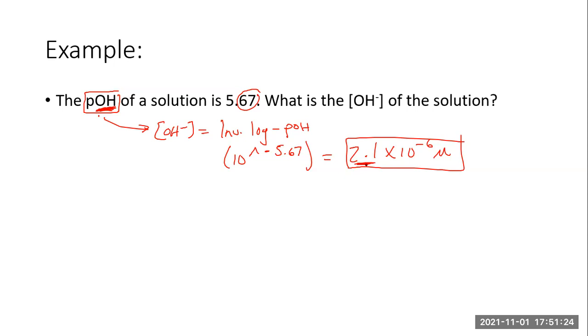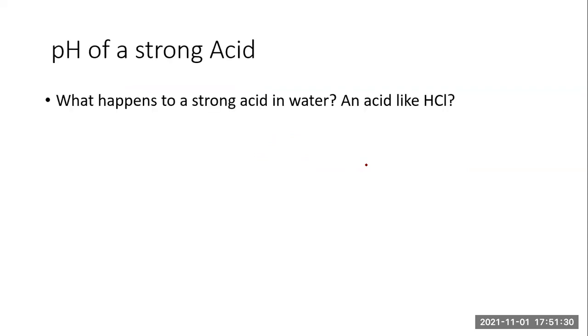Okay, then now, not all the time will you necessarily be given the generic H plus or OH minus. A lot of times you will, but you could be given a pH, or a question that asks, what is the pH of a strong acid or even a strong base?